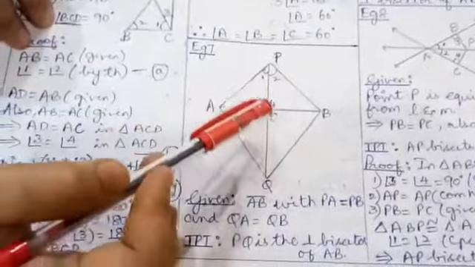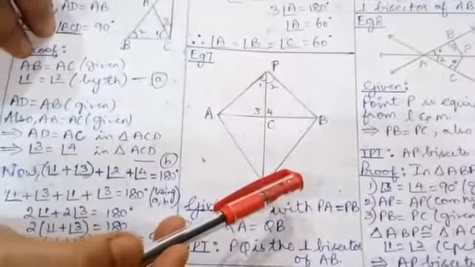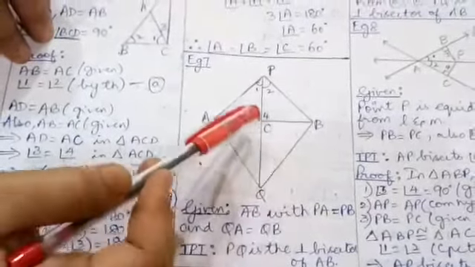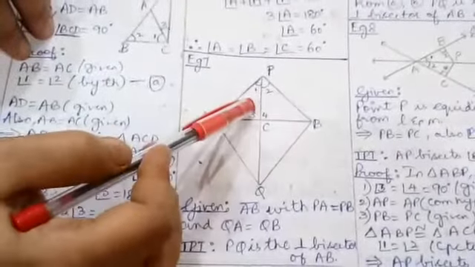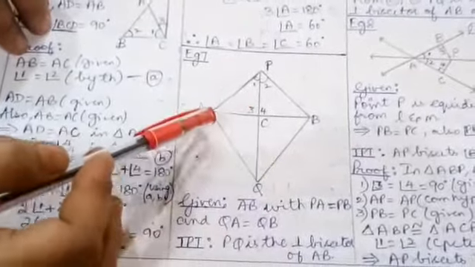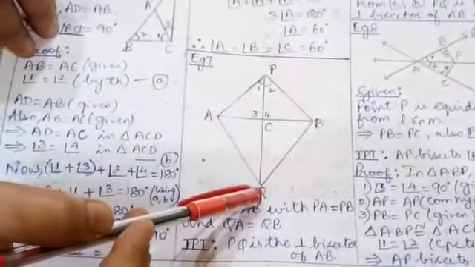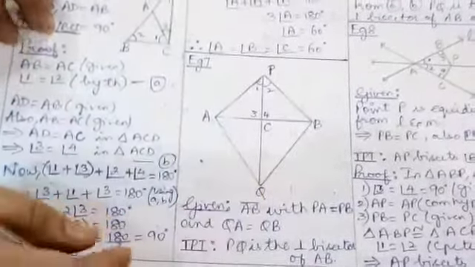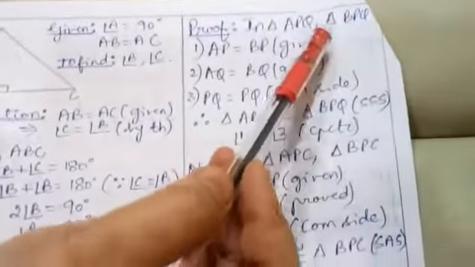So we are trying to find another information so that we can establish congruency between these two triangles. For that, we take up the triangles APQ and BPQ.